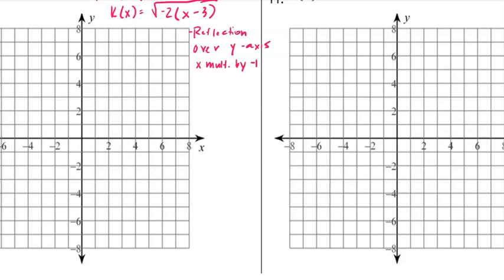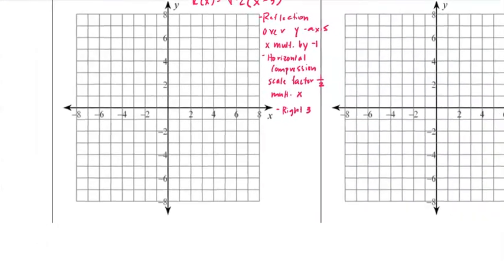We also know that it is going to be a horizontal compression, because the scale factor is going to be 1/2, and you're going to multiply that scale factor by the x, and then you also see that it is going to move to the right 3.